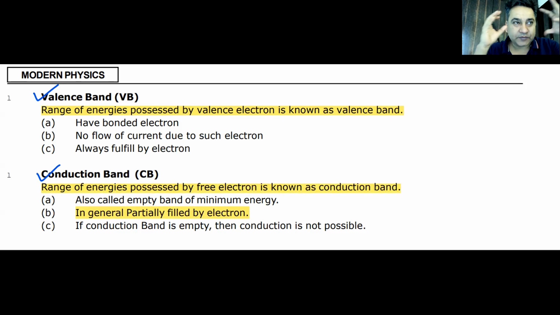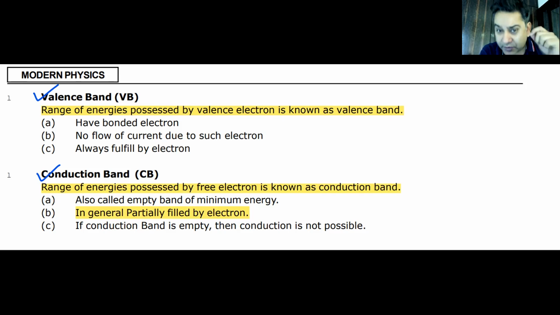We have a cluster, a large number of atoms. So electrons from one atom can move onto the valence or the conduction band of the second atom. Do we understand this? From the same atom also, the electron can go to the conduction band. Remember, the electrons which are in the conduction band are very, very few. Do we understand this?